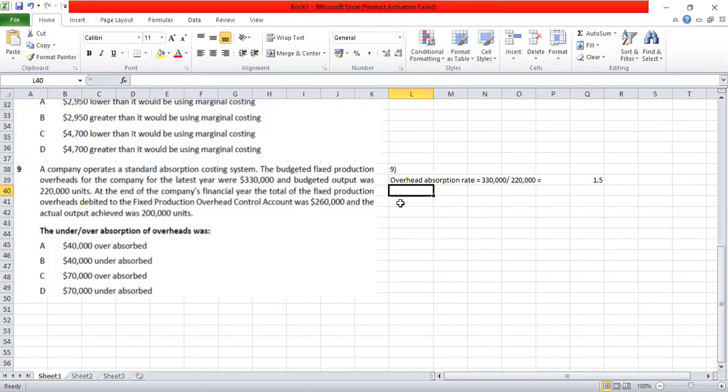So this year also they will calculate it at the rate of 1.5 per unit and charge the overhead. So technically, every period they do not exactly divide and distribute the overhead cost. They just assume some rate which happened in the past and apply it to the present also.